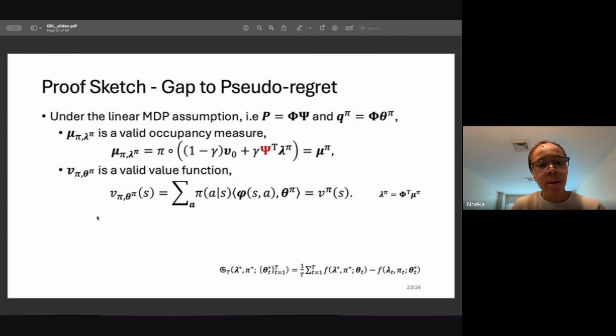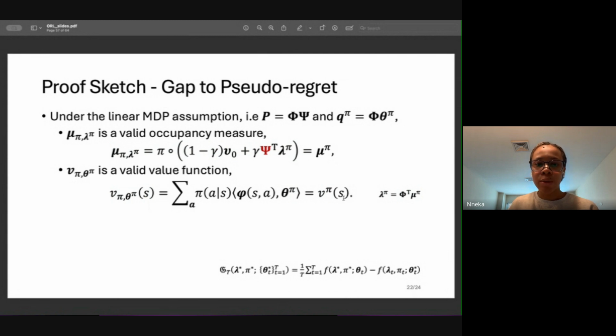On the other hand, noting that theta pi is the weight vector corresponding to the action value function q pi, you can rewrite this expression.